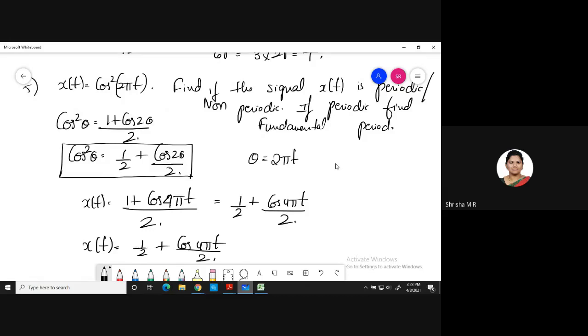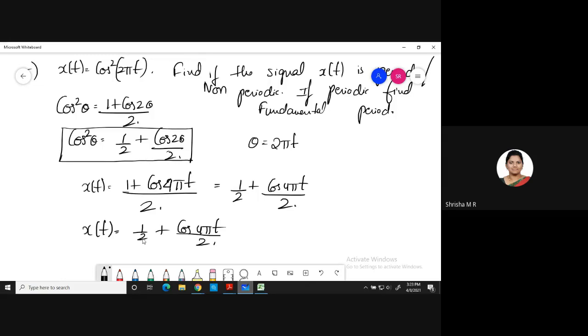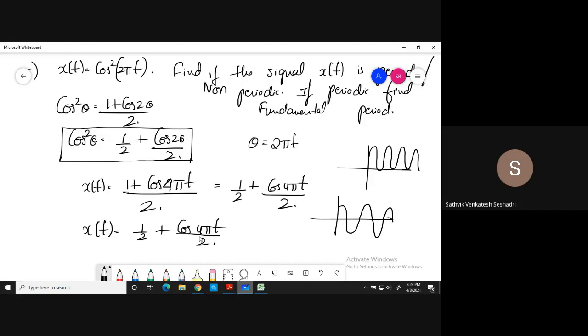Here you have half, right? That is nothing but a DC shift. It is an amplitude factor and has nothing to do with the fundamental period. Suppose you have a cos wave like this. If you have a DC shift of 2, then your signal will be something like this. Got it? Can you repeat the DC shift part? Yes, you have a fraction here, half plus cos 4 pi t by 2.